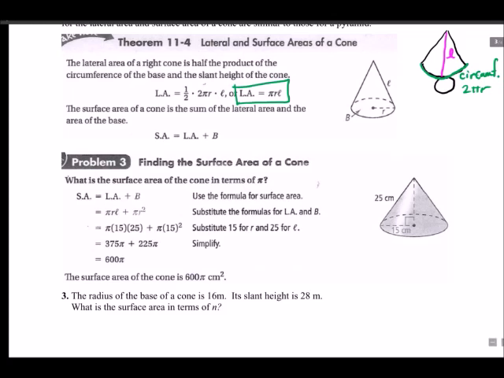And surface area is just lateral area plus the area of the base. What's the shape of the base? The area of a circle is always pi r squared. So surface area is going to be pi r l plus pi r squared.